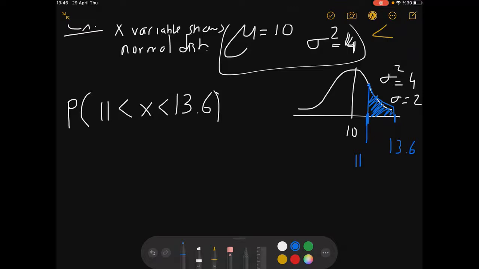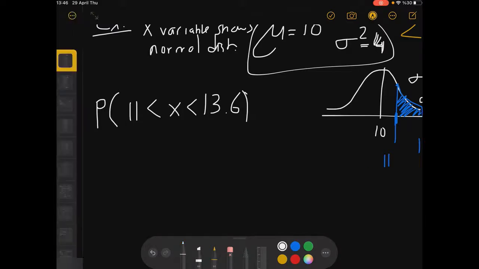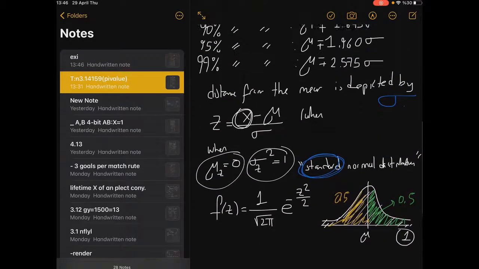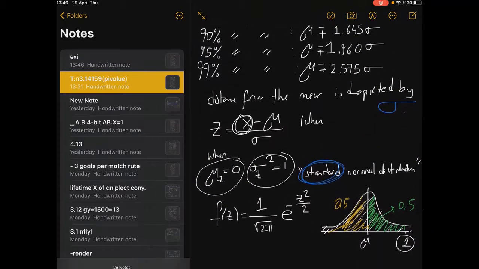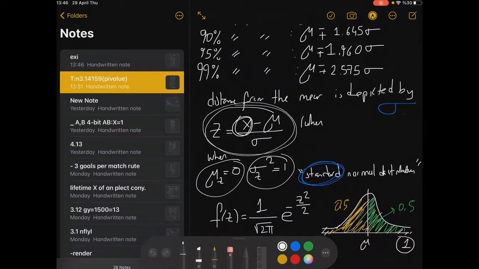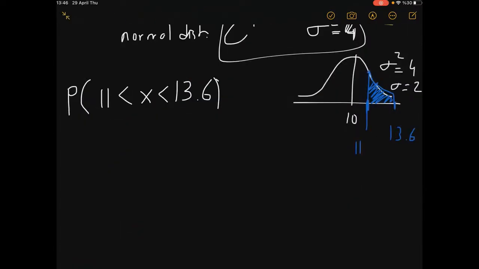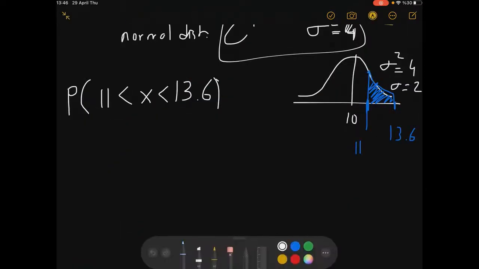Please draw this so that you won't make any simple mistakes. But before we do this calculation, let's go ahead and make this transformation together.